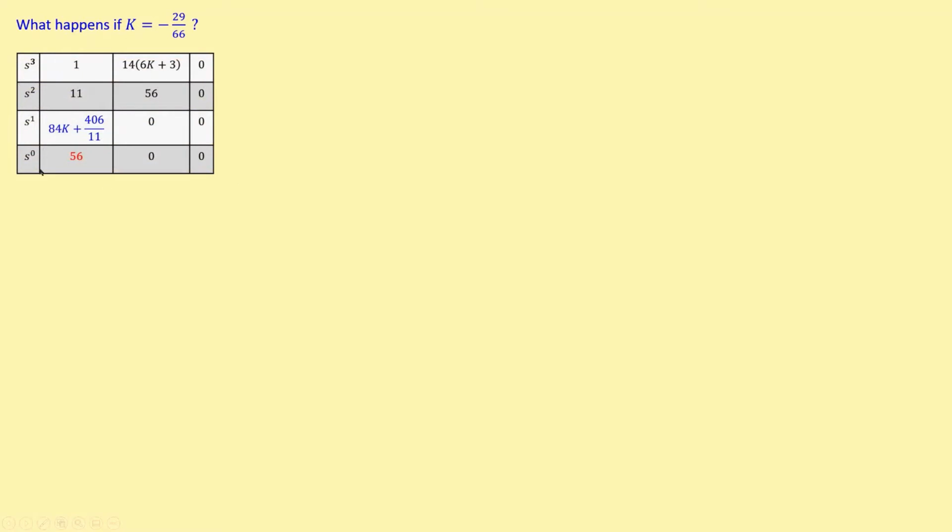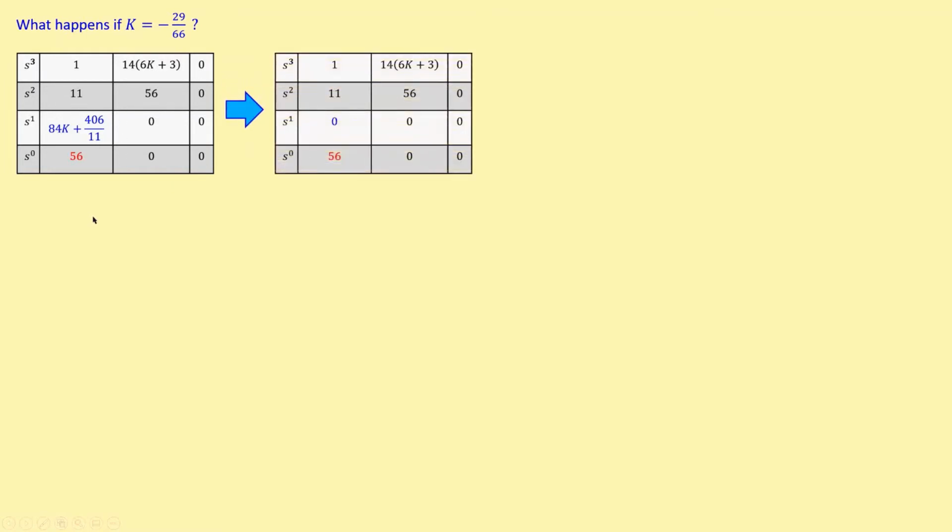This is the table. We have determined the value of k for stability. If I now substitute k equal to minus 29 divided by 66, I get a 0 here. The column now has a 0 in it, as you can see here, and that suggests there's a marginally stable system.